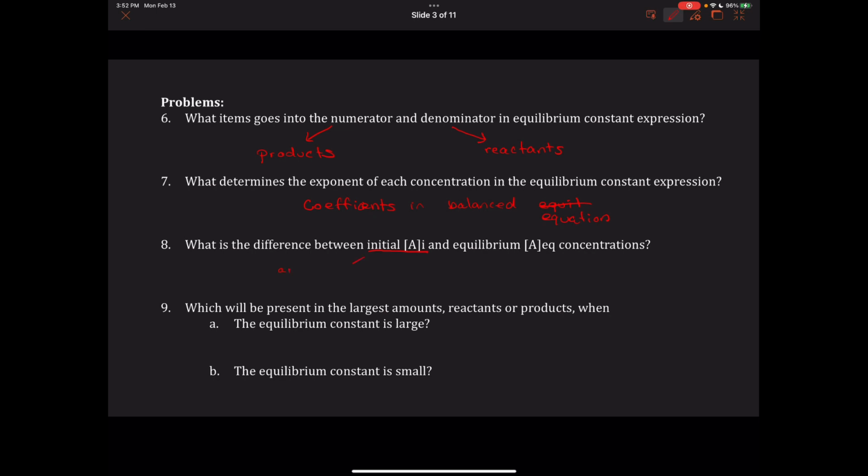That is going to be the amount we start with before any reaction occurs. But we can also talk about equilibrium concentrations. We might see this represented with a concentration with an EQ subscript. This is going to be the amount after reaction once equilibrium is reached.